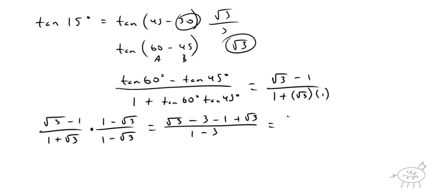So we get 2 root 3 minus 4 over negative 2. Of course, you simplify that, and you wind up getting negative root 3 plus 2. Really pretty easy. And you can check in your calculator, too: type in tangent of 15 and then type in that value, and you will get exactly the same thing.